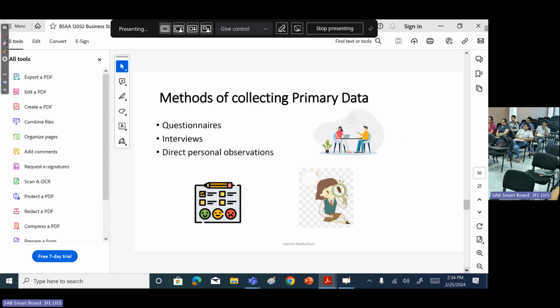Understood? Then another one is what? Interviews. We can meet the people, meet the respondents and collect the information from them directly. We can use a telephone conversation, or we can directly go there and meet them and discuss. In interviews there are structured interviews and unstructured interviews.